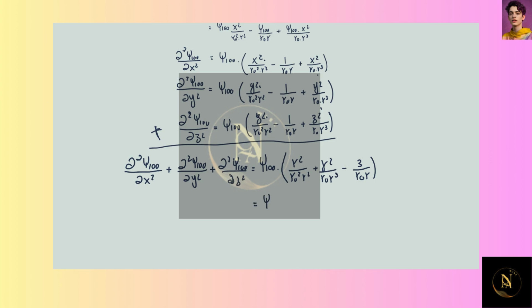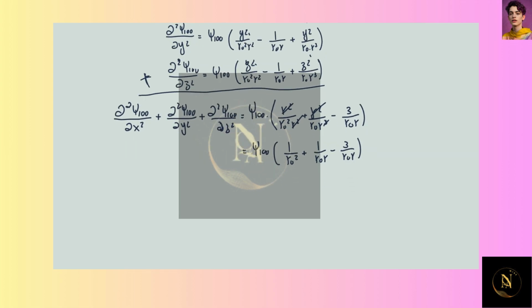And this can be written, simplifying r squared with r squared and this r squared with this r to the third, as 1 over r0 squared plus 1 over r0 r minus 3 over r0 r. We can further simplify it to get finally psi 1,0,0 times 1 over r0 squared minus 2 over r0 times r.